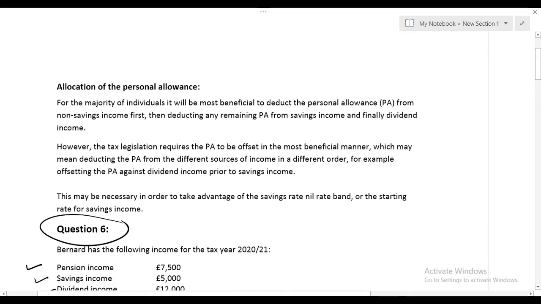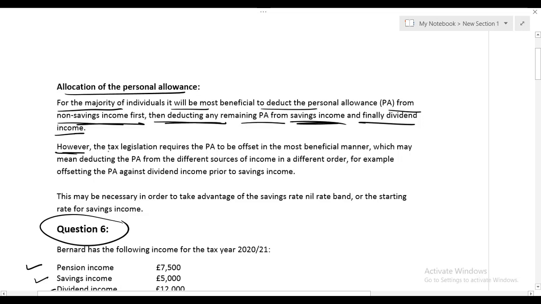Allocation of personal allowance. For the majority of individuals, it will be most beneficial to deduct the personal allowance from non-saving income first, then deducting any remaining personal allowance from saving income, and finally dividend income. However, the tax legislation requires personal allowance to be offset in the most beneficial manner, which may mean deducting personal allowance from different sources of income in a different order.